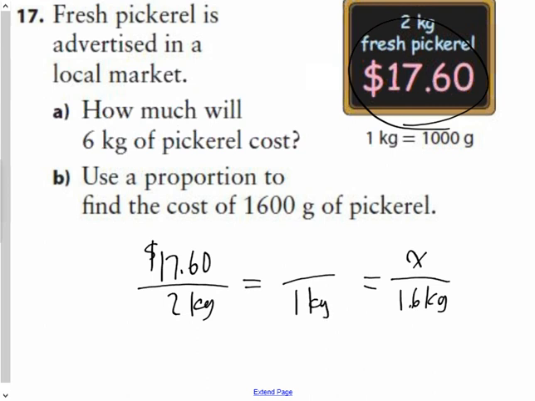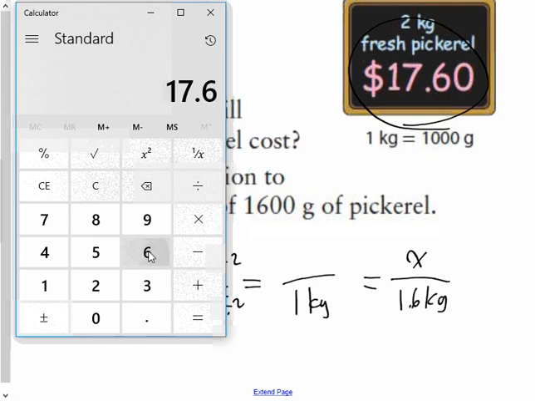So I'm going to figure out first how much 1 kilogram of pickerel is by dividing both terms in my proportion by 2. So if I take my calculator and say, what is $17.60 divided by 2?